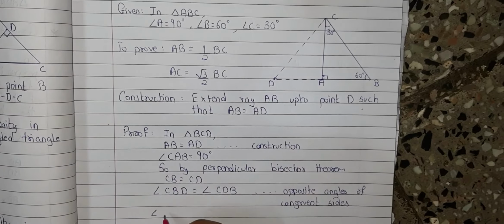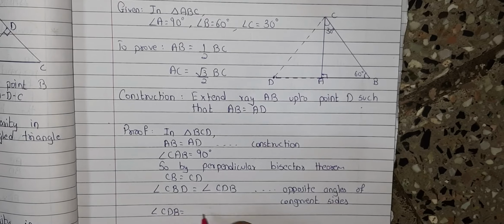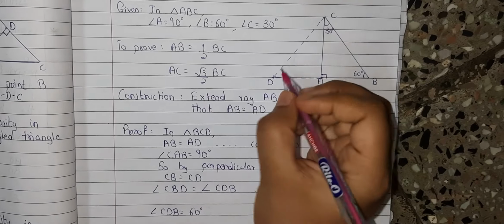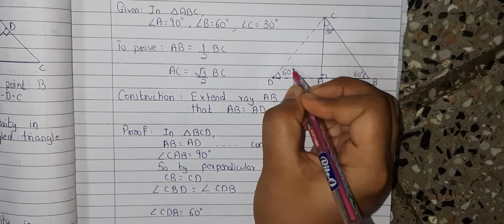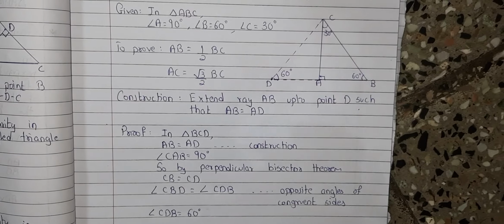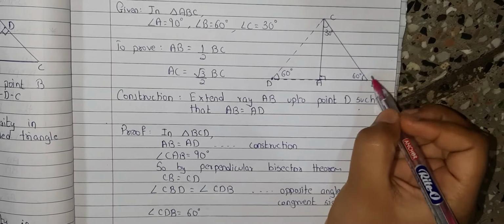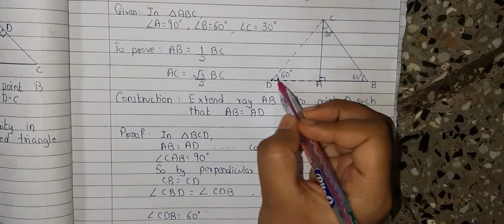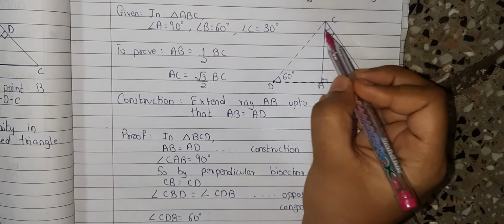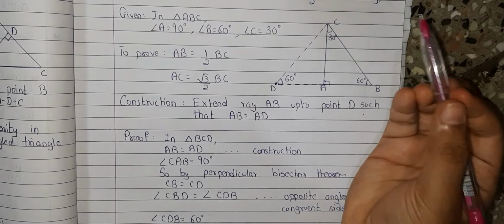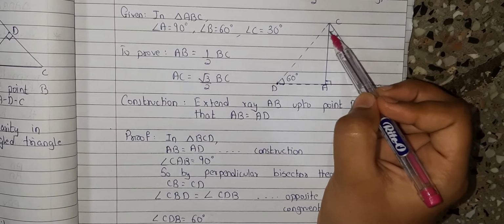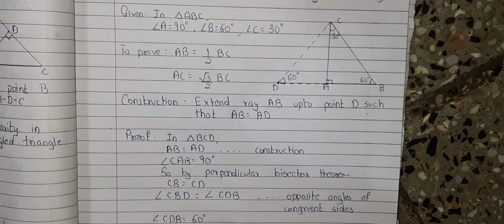Hence we get angle CDB is equal to 60 degree. I will write it down in construction. So this is 60 degree. Now in this triangle we have angle B as 60 degree, angle D as 60 degree. So as the sum of angles in a triangle is 180 degree, we get angle C as 60 degree.